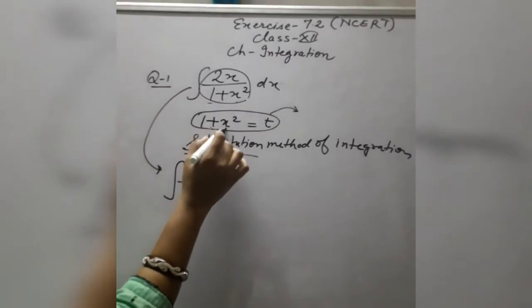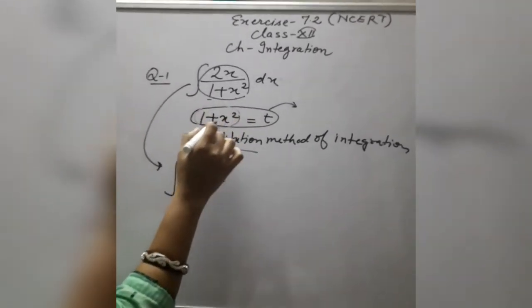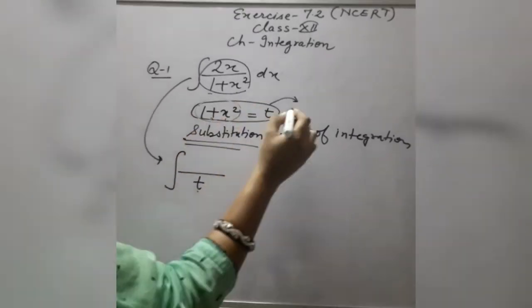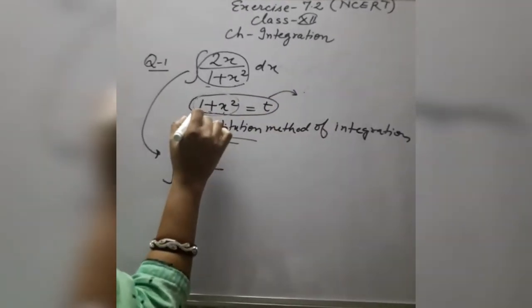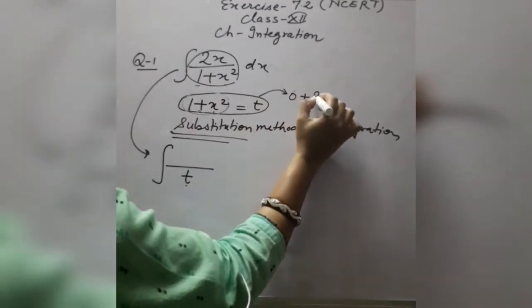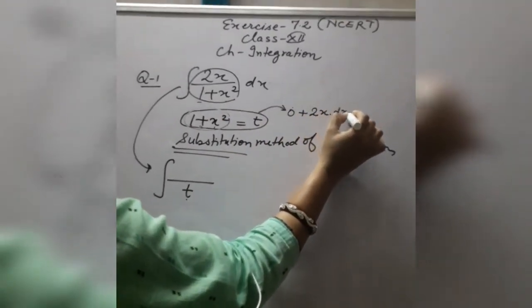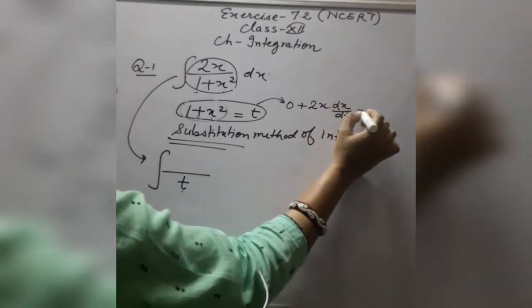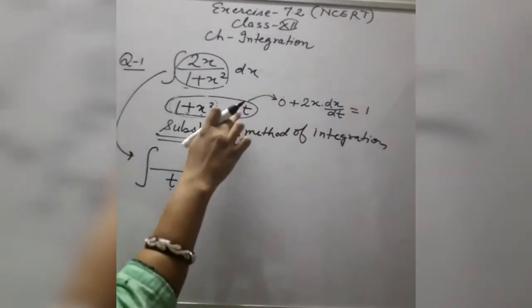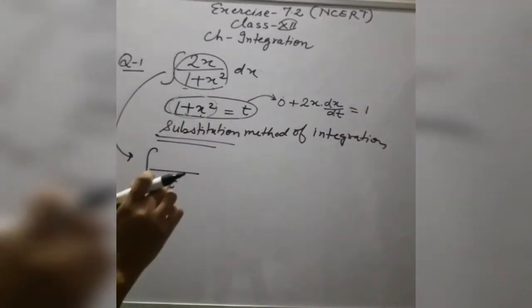Now 1 plus x square, the derivative with respect to x is 2x, but if you are differentiating it with respect to t, then the derivative of the constant term will be 0. The derivative of x square with respect to t is 2x into dx by dt, and the derivative of t with respect to t is 1, just as the derivative of x with respect to x is 1.